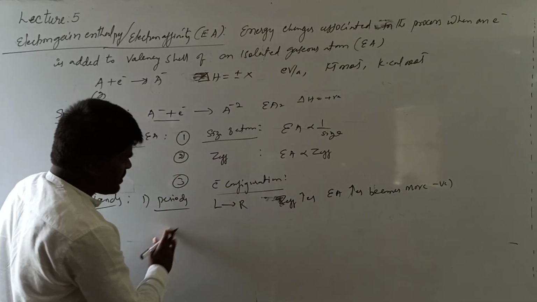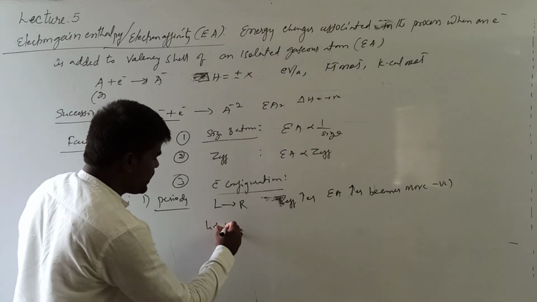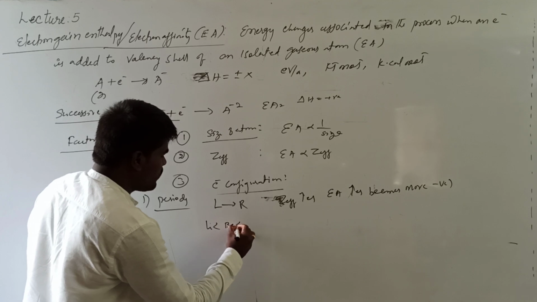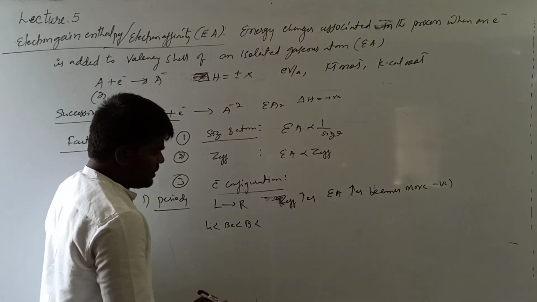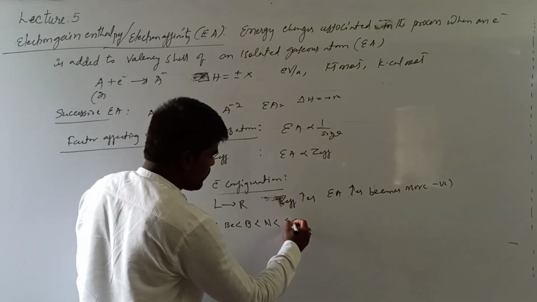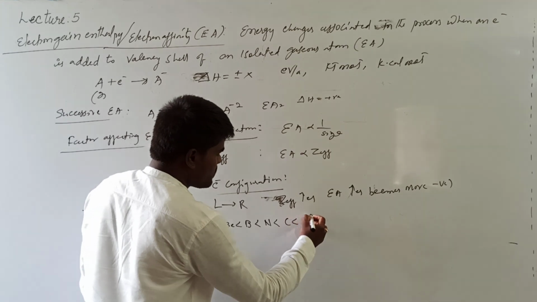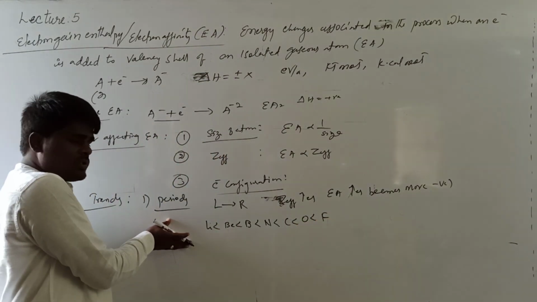Let me write the order. In the increasing order: lithium, followed by beryllium, followed by boron, followed by nitrogen, followed by carbon, followed by oxygen, followed by fluorine. And these noble gases will be highly positive.